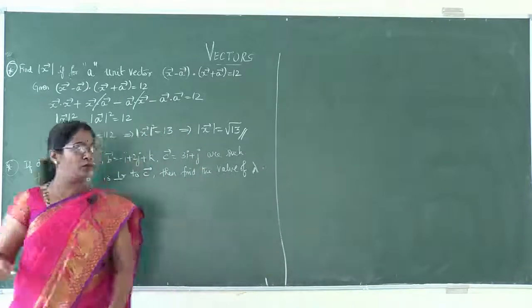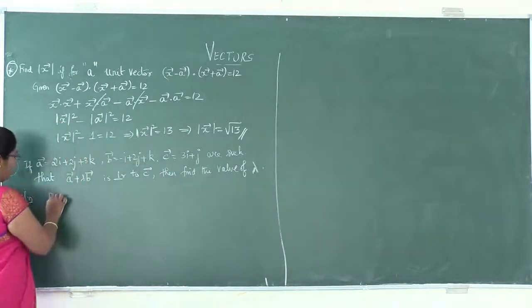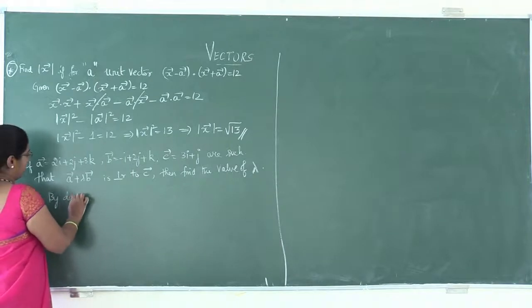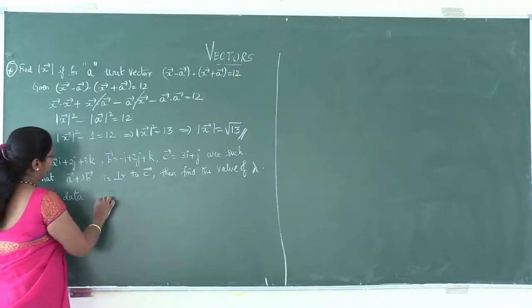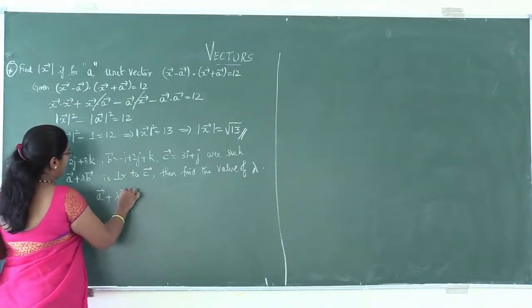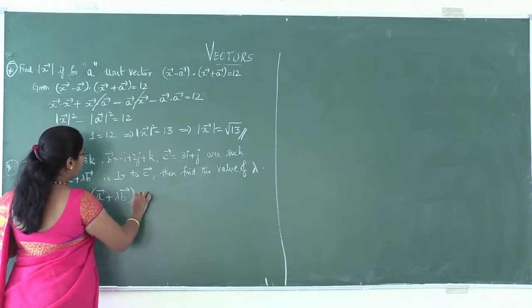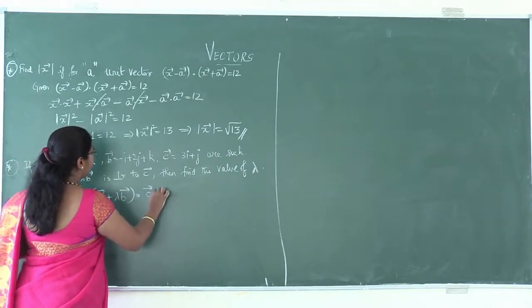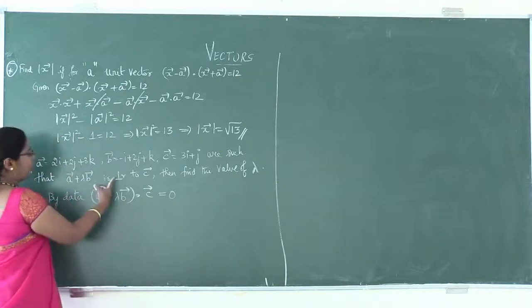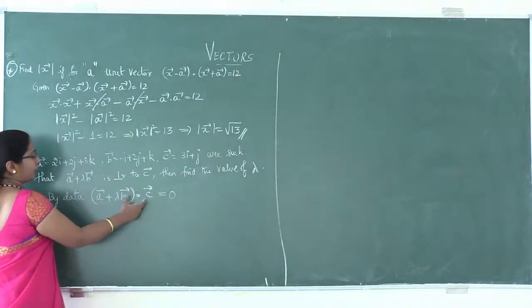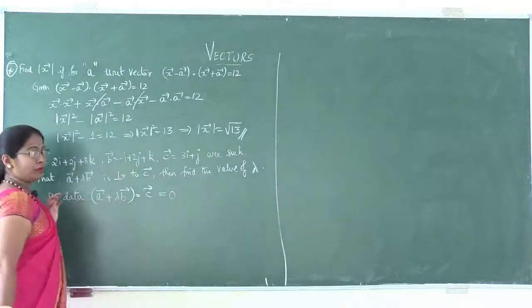By data we have vector A plus lambda into vector B, dot product with vector C is equal to 0. Perpendicular means dot product of these two vectors must be equal to 0.